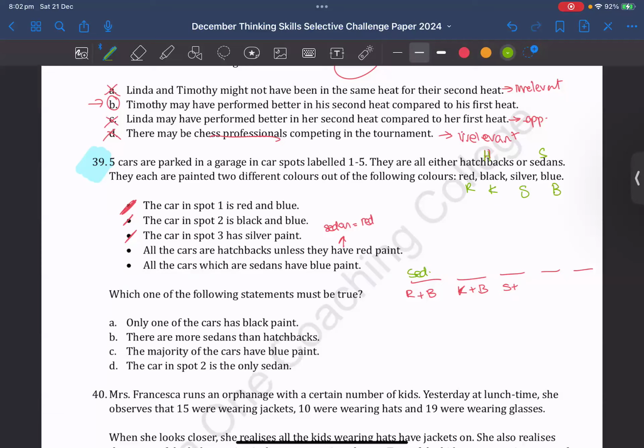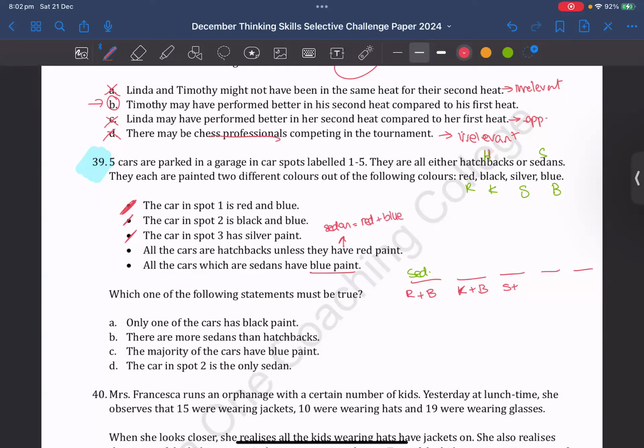All the cars which are sedans have blue paint. All the cars are hatchbacks unless they have red paint, so if it's got red paint, it's a sedan. All the cars which are sedans have blue paint. From this, I know that a sedan must be red and blue.